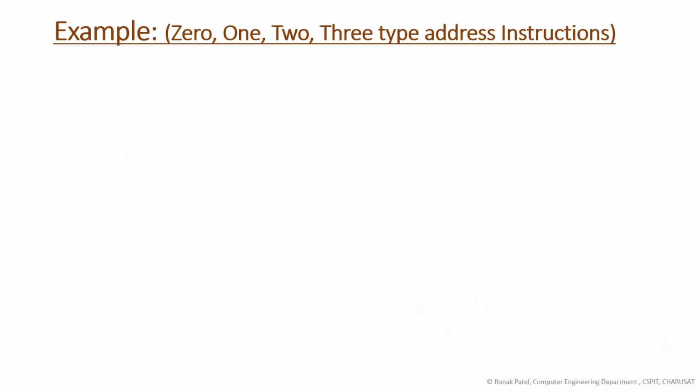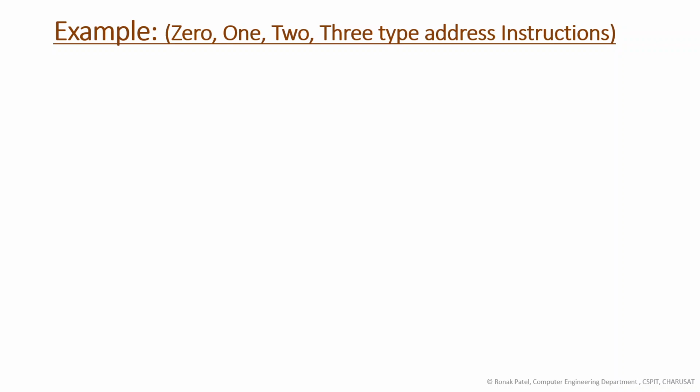Now let's see the example. We'll take one operation, and for all address type instructions, the number of address fields in our instruction can be 0, 1, 2, and 3 based on the CPU organization.